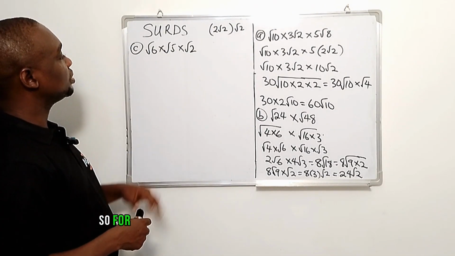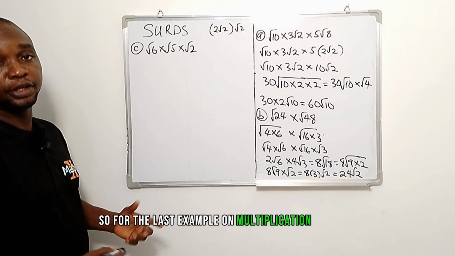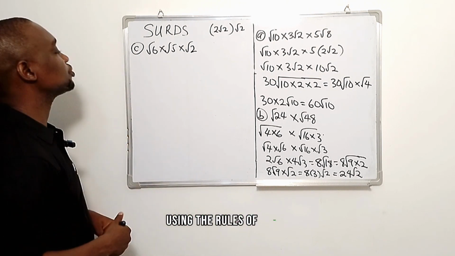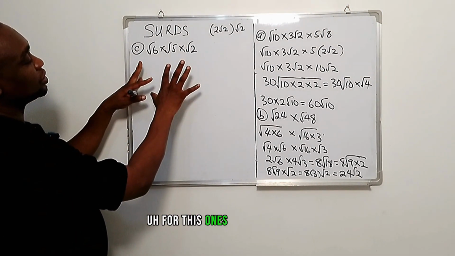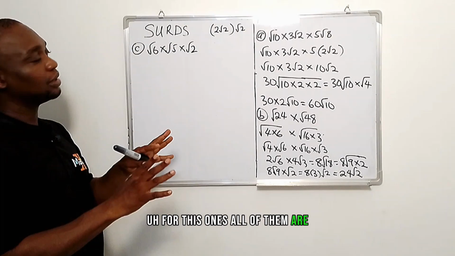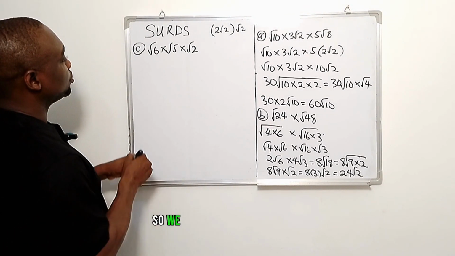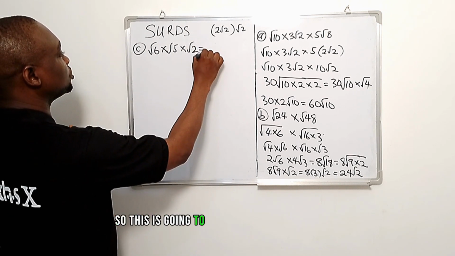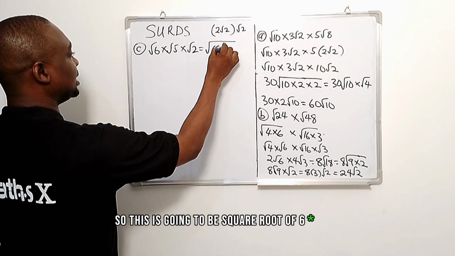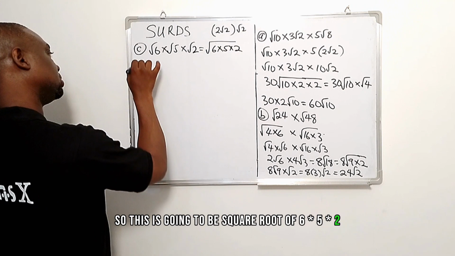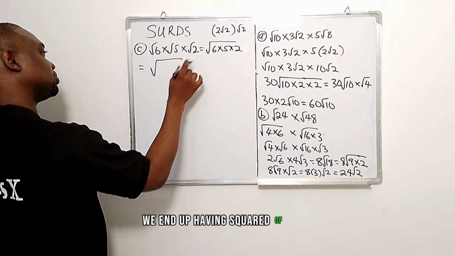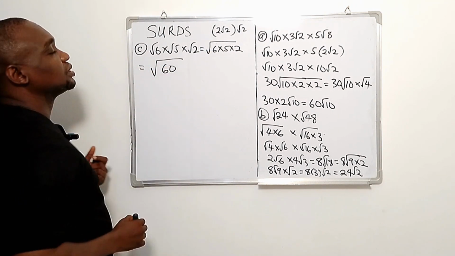So for the last example on multiplication of sorts, using the rules of sorts, for these ones, all of them are sort of numbers that cannot be broken down. So we just multiply the sorts. So this is going to be square root of 6 times 5 times 2. We end up having square root of 60.